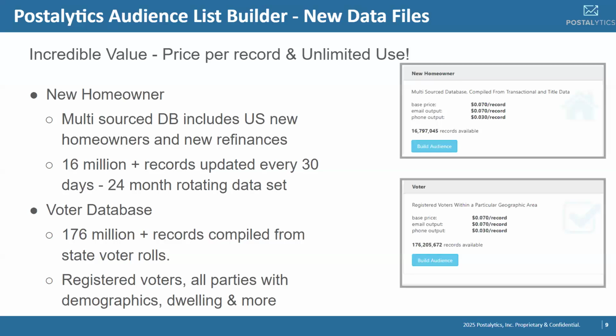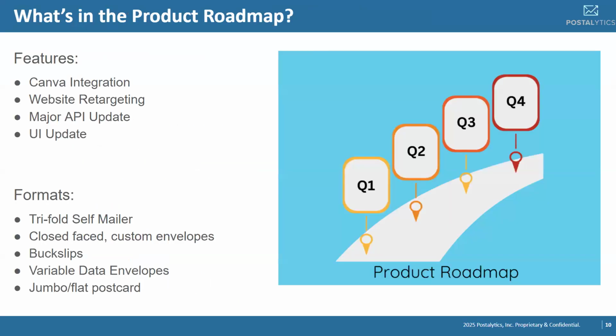So you can really target different voters based on what you're trying to do with any type of political mailing. And so that's the update for the list builder. And now moving on, we'll talk a little bit more about roadmap.